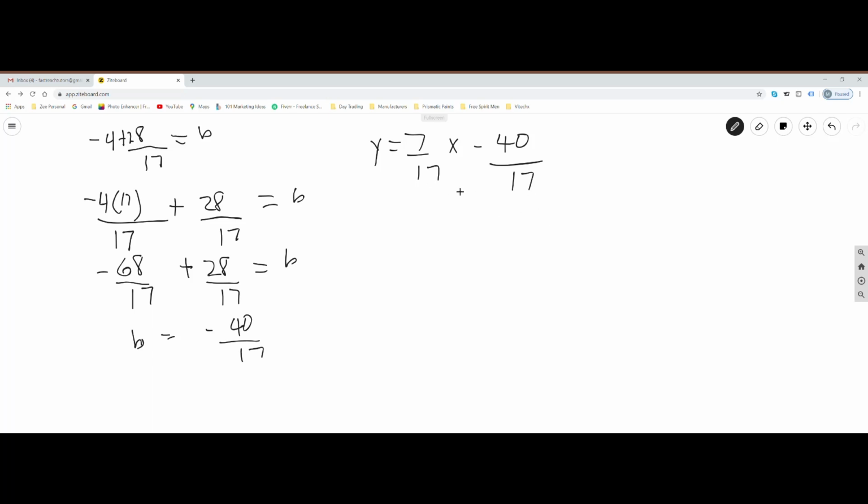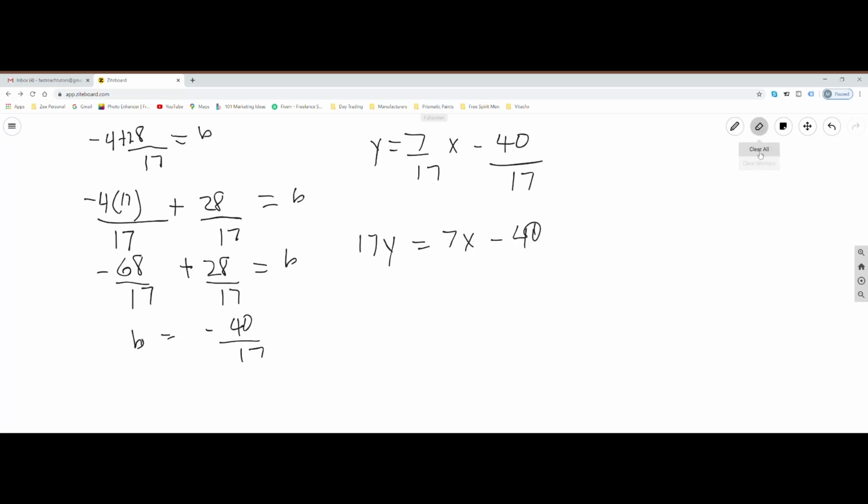And since this equation has a fraction, it's better that we multiply the whole equation by 17 so that we get rid of the fraction. So 17y equals 7x minus 40, and that is your equation.